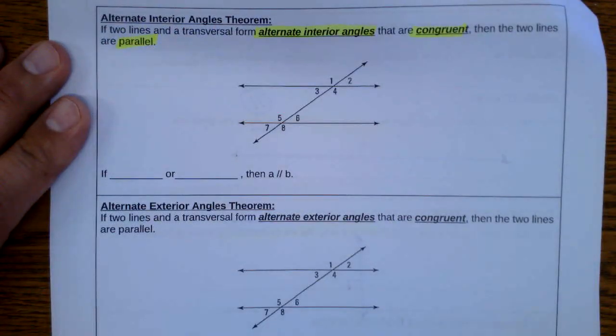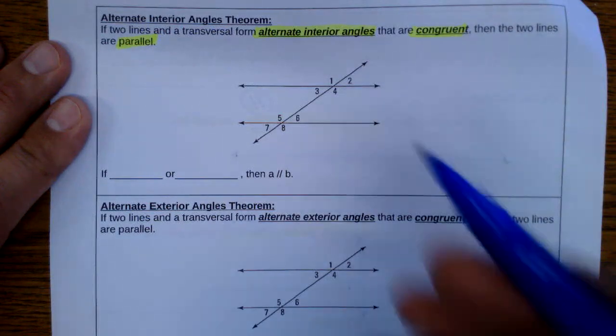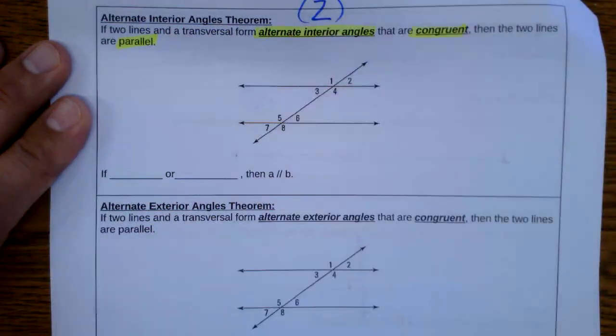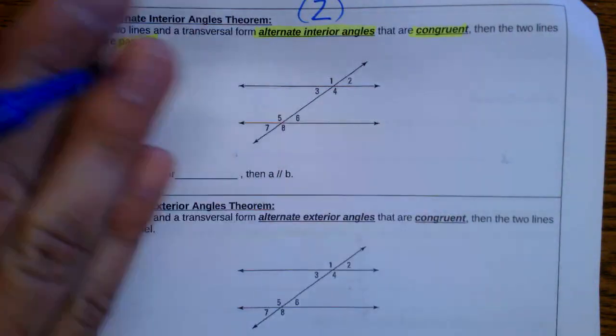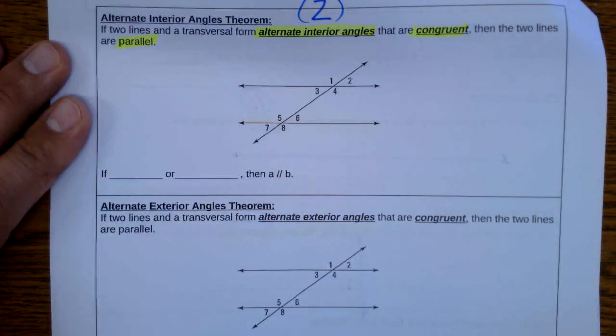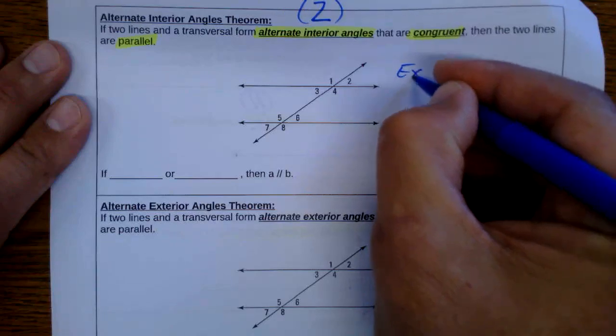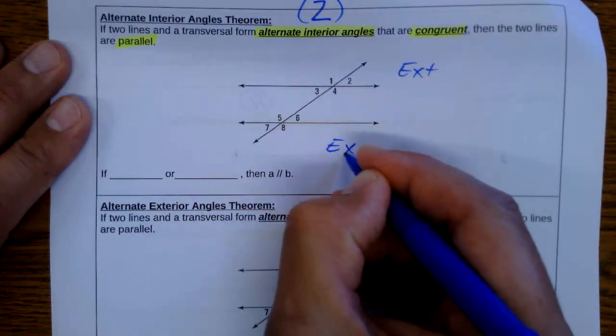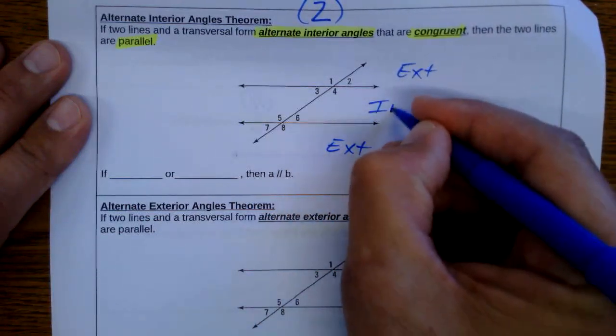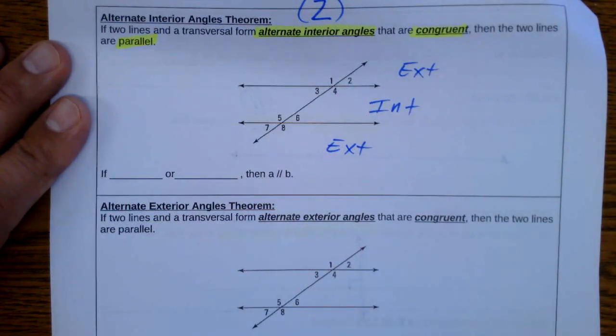So here we go. If you remember, alternate interior angles make the Z. Alternate means on different sides of the transversal. Interior, remember, this is the exterior on the outside, and these angles are on the exterior, and then these are the interior of the parallel lines.